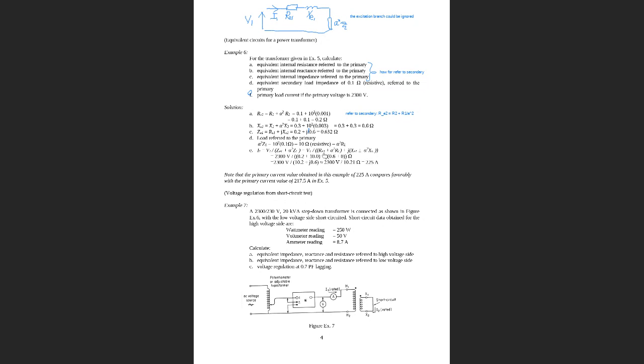So we can write them further into resistance and reactance. Look here, pay attention to these parts.